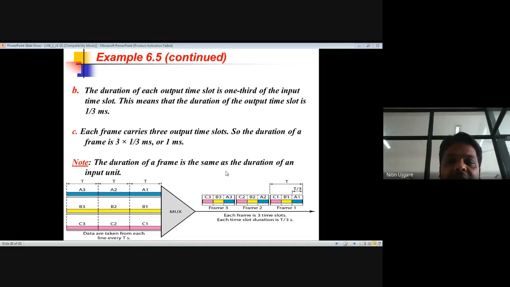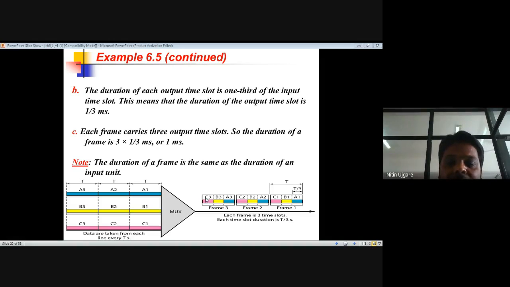The duration of each output time slot is 1/3 of the input time slot. We know the input time slot is 1 millisecond. So the output time slot is 1/3 of that, because one time frame accommodates 3 bits, right? That means we need 1/3 milliseconds, which is 0.33 milliseconds, to transmit one output time slot, that is one time frame.